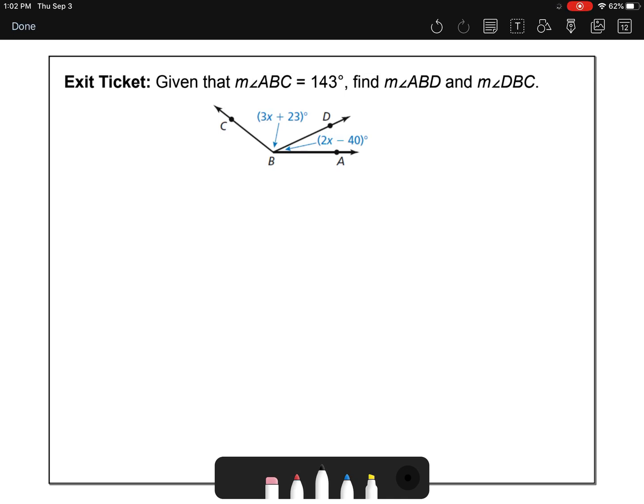Now this exit ticket, can you do this? 3x plus 23 and 2x minus 40. We know that that equals 143. So I'll do it with you. So if we're going to add those together to get the big angle, we should get 5x minus, let's see, what's 23 minus 40?